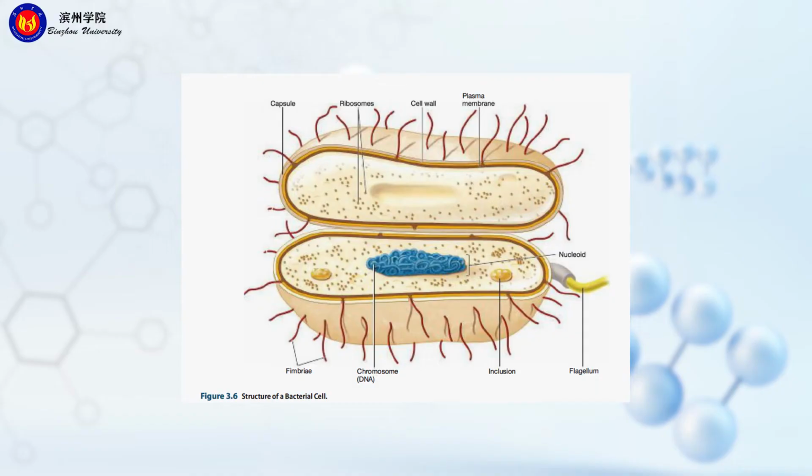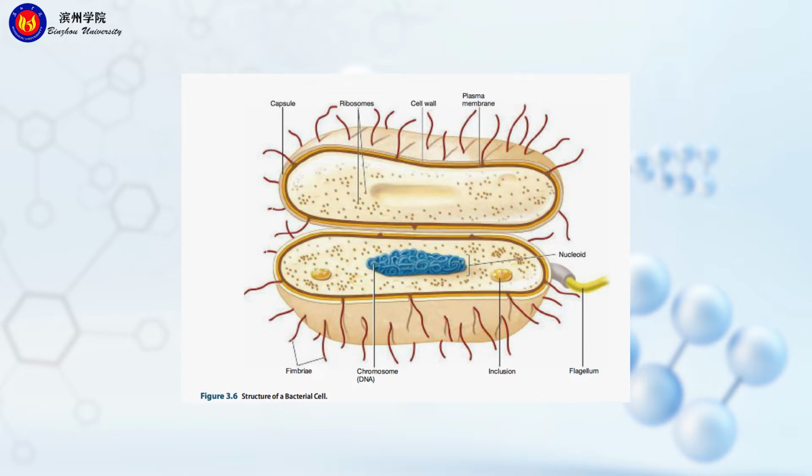The cell envelope is defined as the plasma membrane and all the surrounding layers external to it. The cell envelopes of many bacteria consist of the plasma membrane, cell wall, and at least one additional layer, such as a capsule or slime layer.